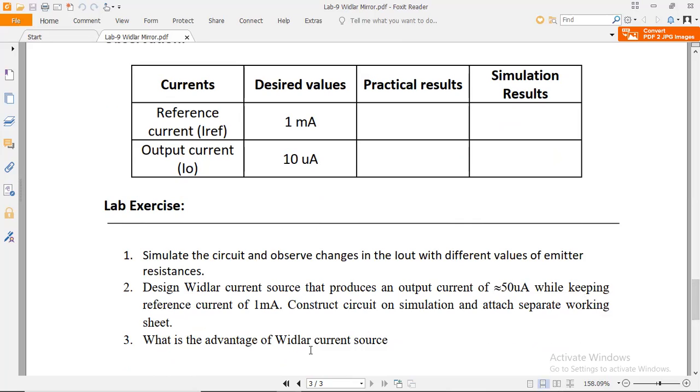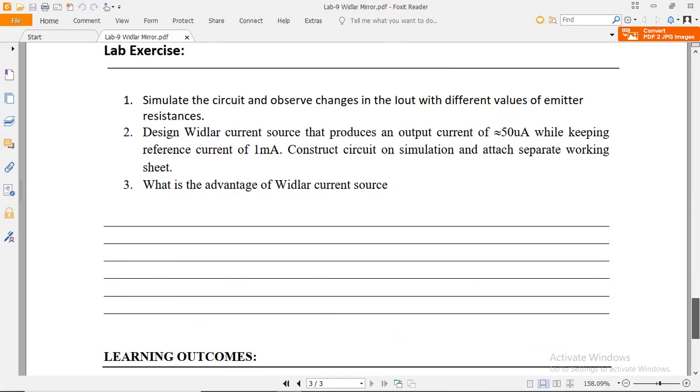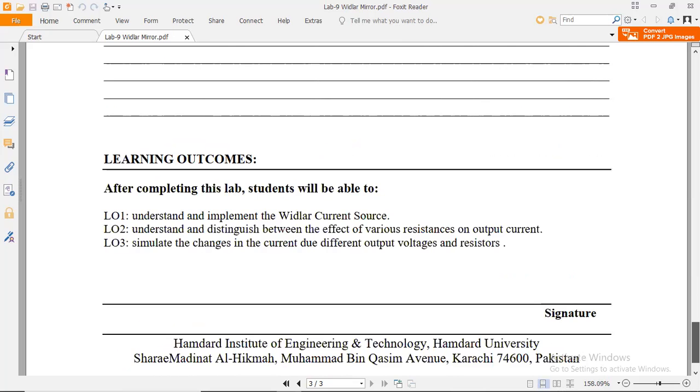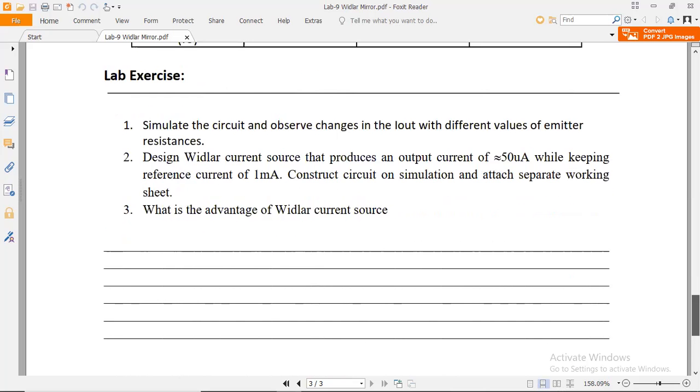What is the advantage of the Widlar current source? So these are the questions that you have to answer here. If you listened to and understood the theoretical aspects which I discussed with all of you from the start towards the end of this lab, you have already answered this question.